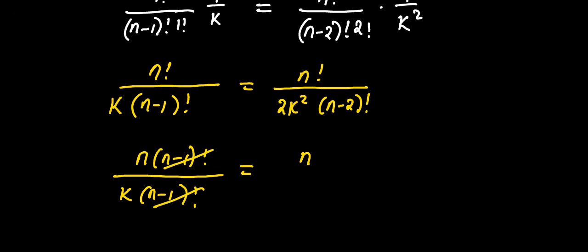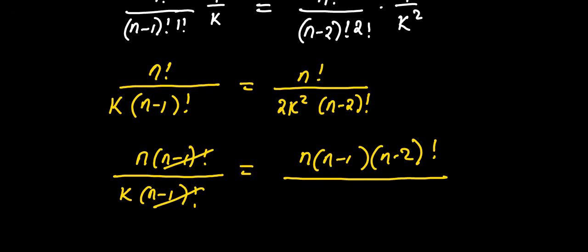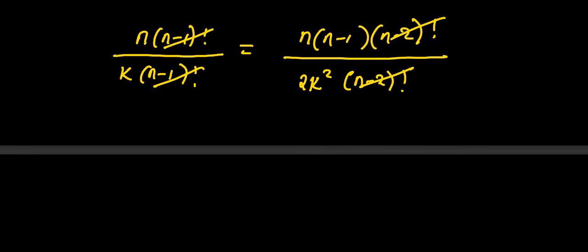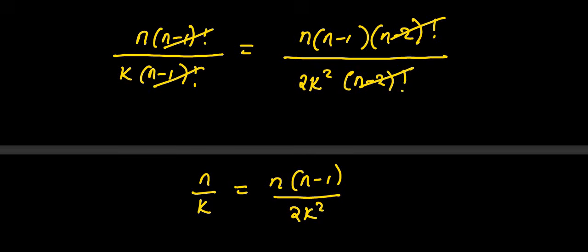Also this side, you have n minus 1, then you have n minus 2, until we see the guy which is in the denominator. 2k squared, then this is n minus 2 factorial. This cancels, leaving us with n over k is equal to n minus 1, then there is a 2k squared.